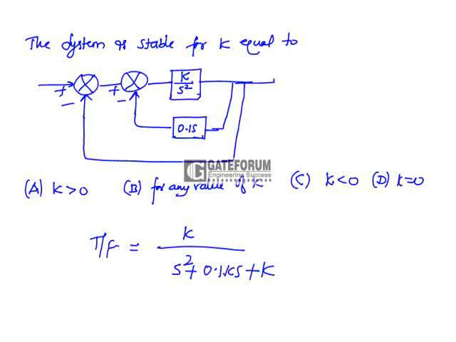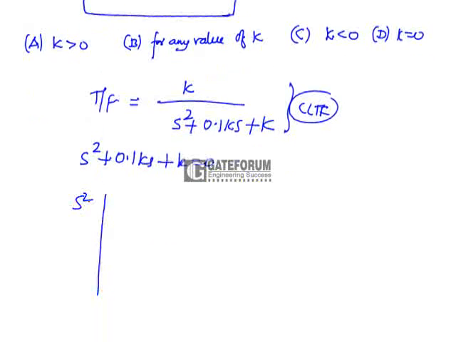Now, what is the characteristic equation here? s square plus 0.1 k s plus k equals 0. This is the closed loop characteristic equation. Now, applying the Routh-Hurwitz criterion, we form the array with rows s square, s power 1 and s power 0. The first row has 1 and k, the second has 0.1 k, and the last entry is k.